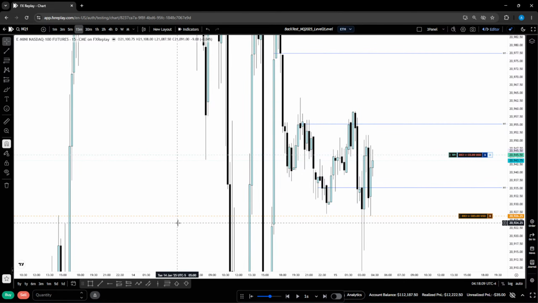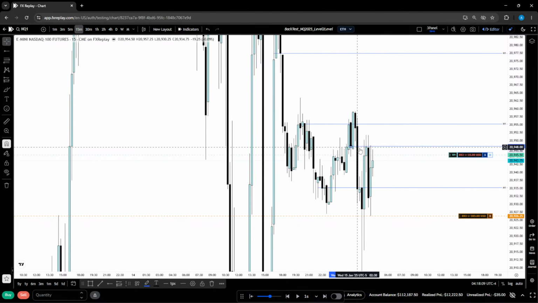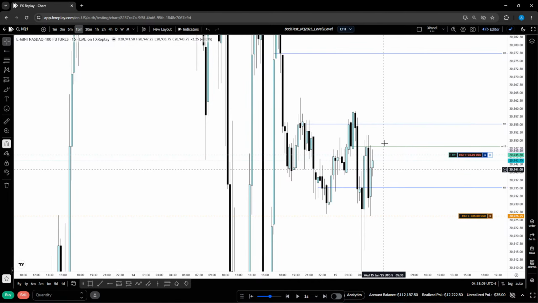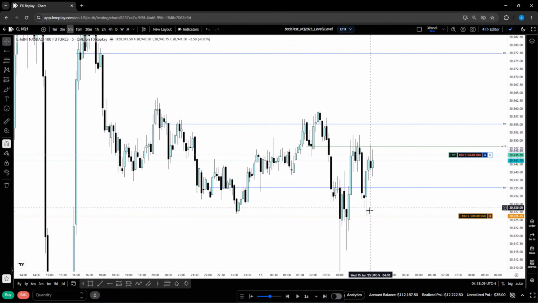Now, one level that is resisting the price going higher is this level, the 15-minute level. We need to close above this. We failed to take previous low, so it's good if we go above it and then we'll just continue going higher.